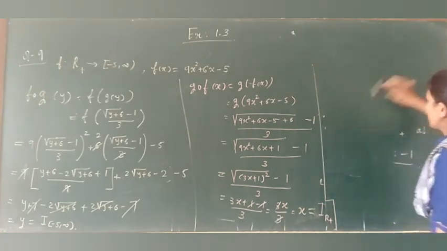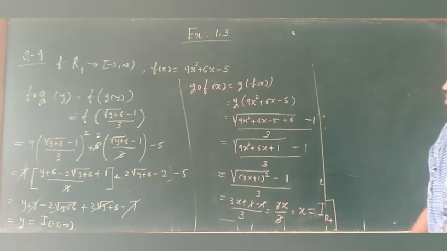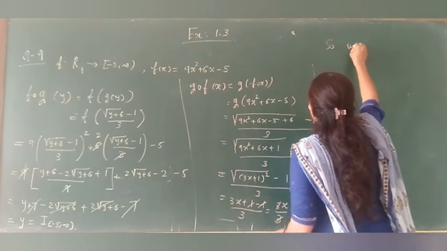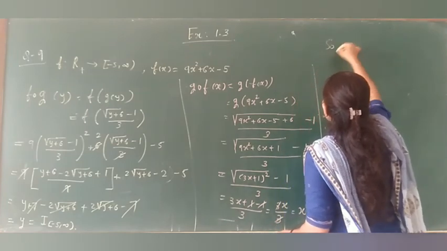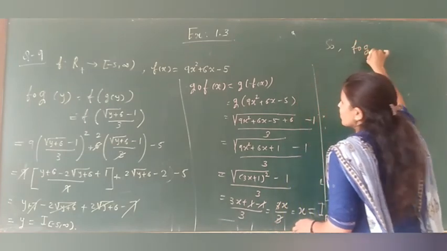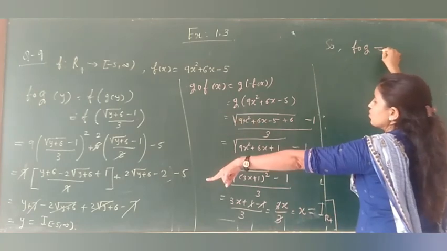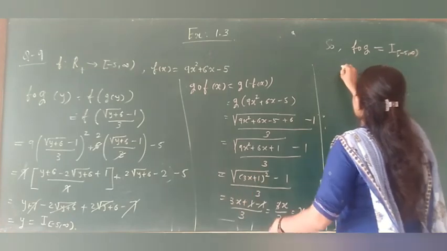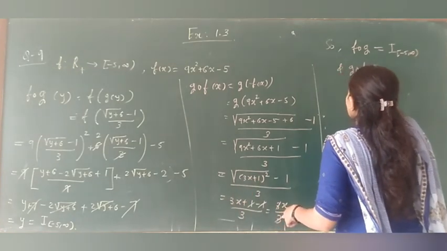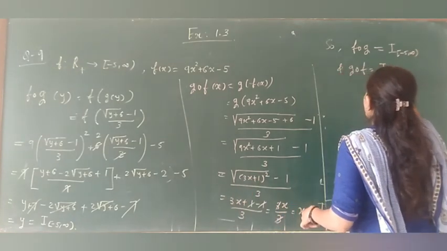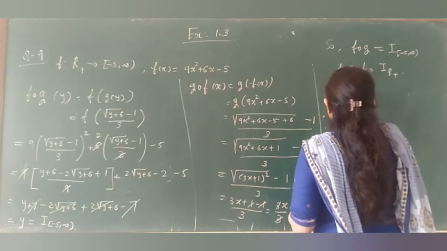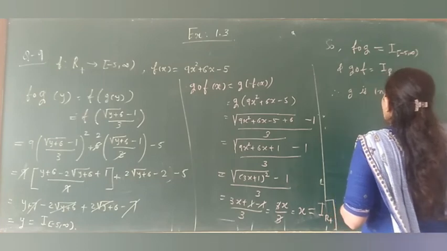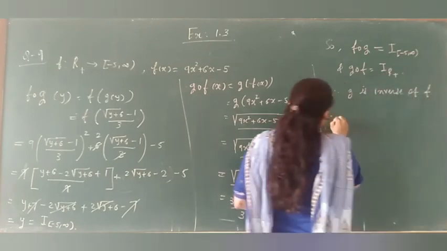So in the last we have to write down here. Therefore we have shown f composition of g is equal to identity on the closed interval minus 5 to infinity, and g composition of f is identity on R plus. Therefore g is inverse of f.